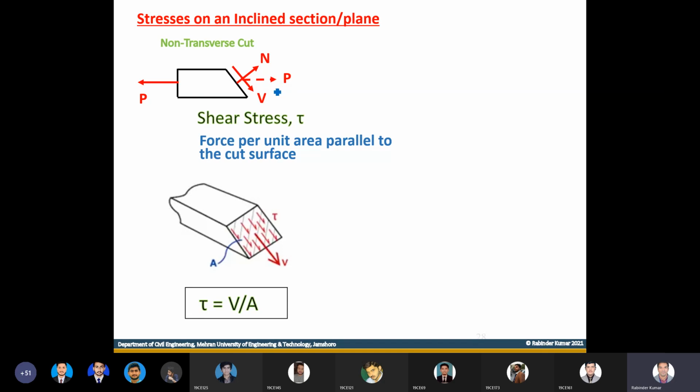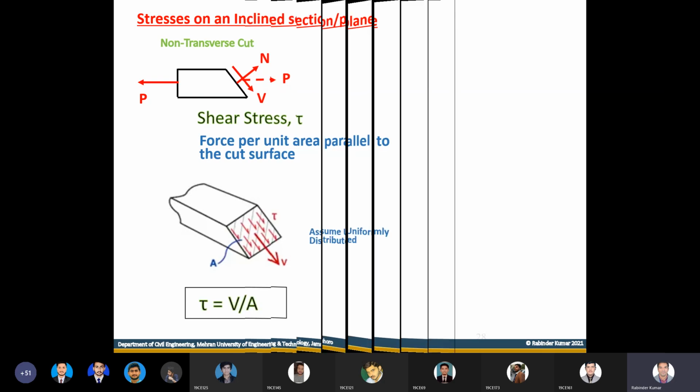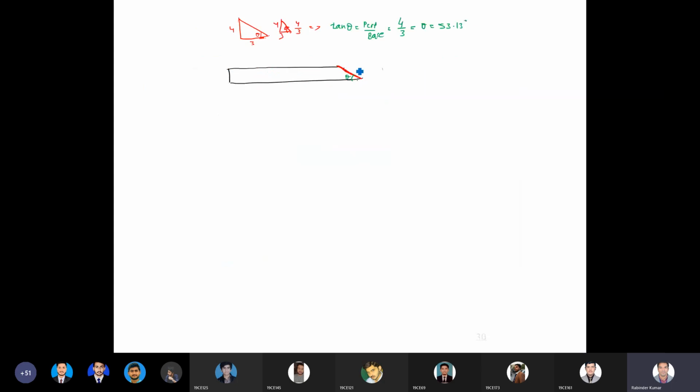So we will be having a normal force, which we call N, and the shear force, which we denote with V, and the resultant force, which we call R.